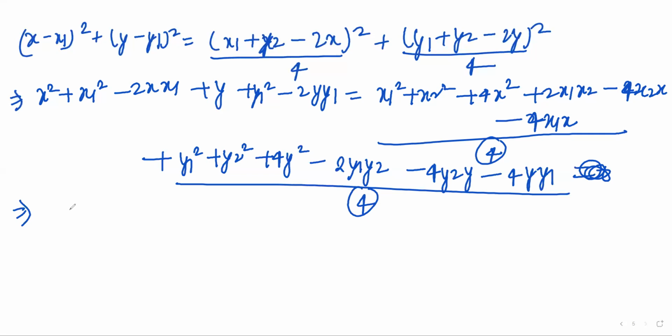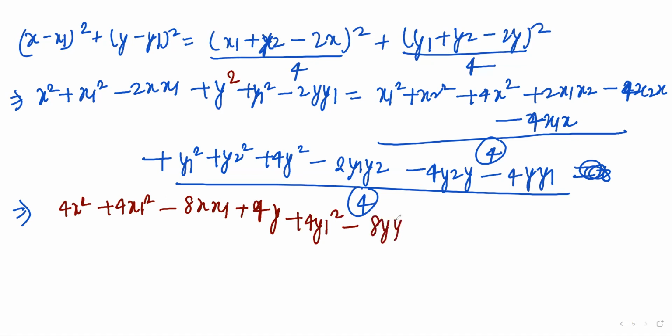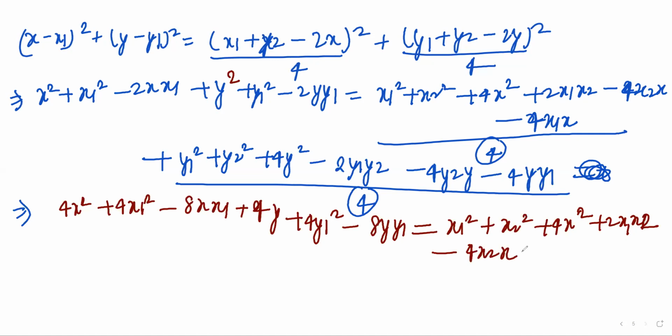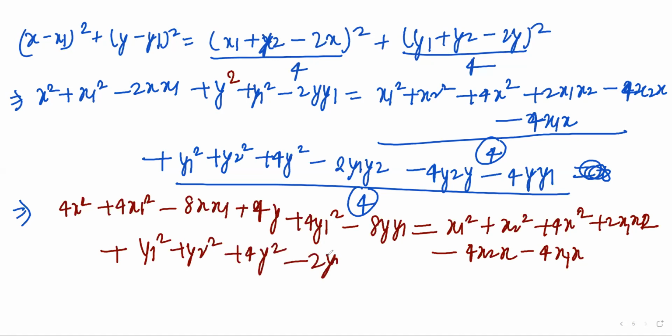So it will be 4x square plus 4x1 square minus 8x x1 plus 4y square plus 4y1 square minus 8y y1 is equal to x1 square plus x2 square plus 4x square plus 2x1 x2 minus 4x2 x minus 4x1 x plus y1 square plus y2 square plus 4y square minus 2y1 y2 minus 4y2 y minus 4y y1.